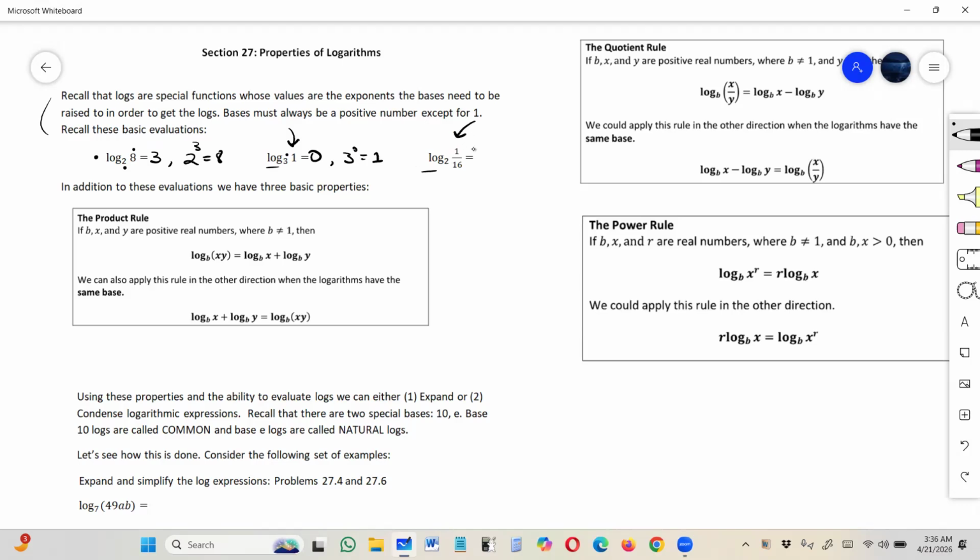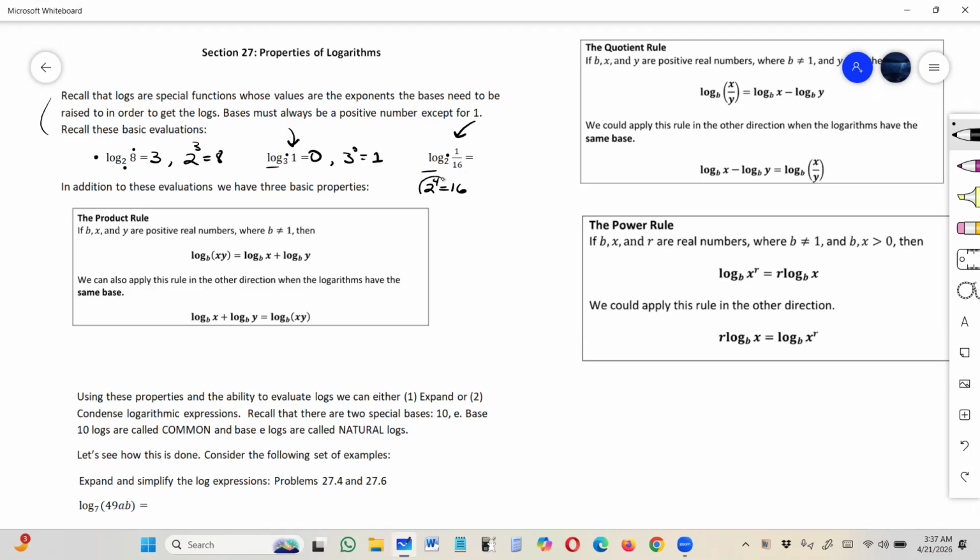And the last example, log base 2 of 1 over 16. I'm looking for an exponent that I raise 2 to in order to get 1 over 16. You kind of know that it has something to do with the number 4, because 2 to the 4 is 16, but this is 1 over 16.